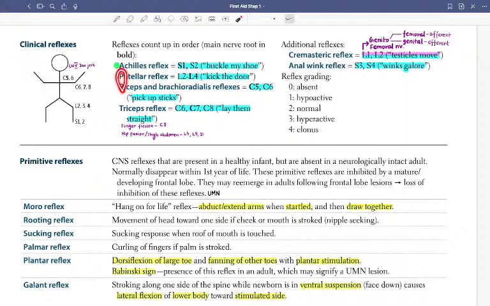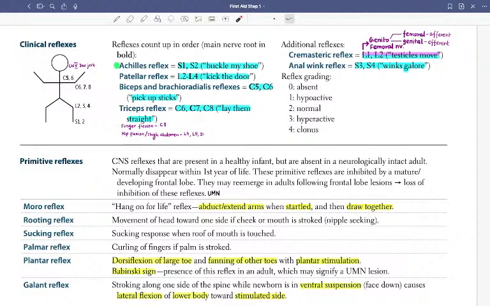Bi means 2, so that's why you have two values, C5 and C6. Next is triceps. After biceps, if we remember the root value, it is C6, C7, C8. Three structures, so C6, C7, C8. So biceps C5, C6, two root values; triceps C6, C7, C8.